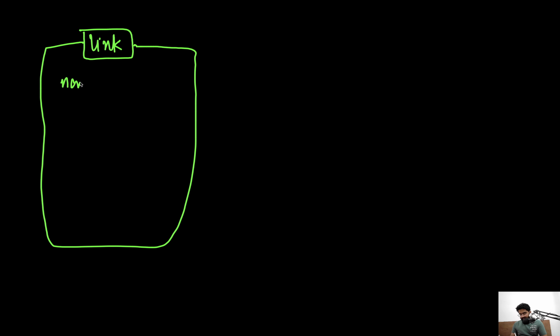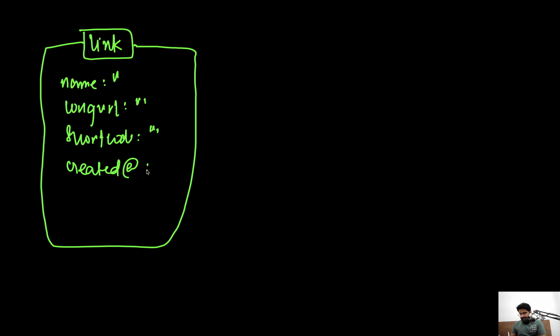It's going to have the name, the long URL, the shortcode, the created at, and the total clicks. So these are the few fields that each link document is going to have.